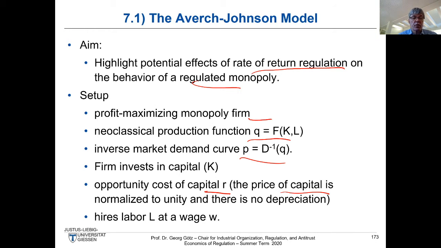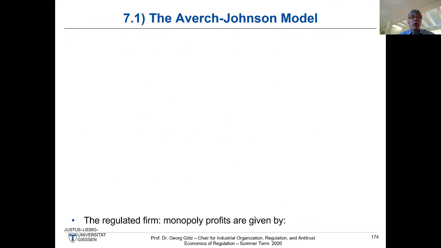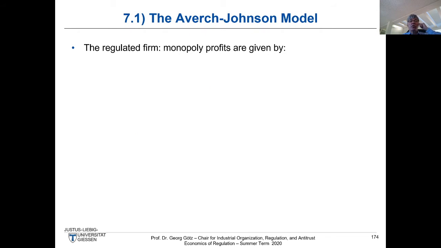It doesn't have any effect here, and we assume for simplicity no depreciation, and we have labor input which gets the wage W paid. So now what we are doing is just looking into what cost minimization would require here.